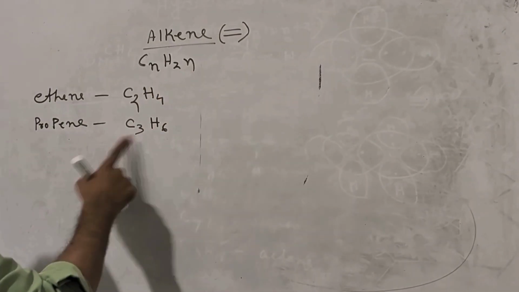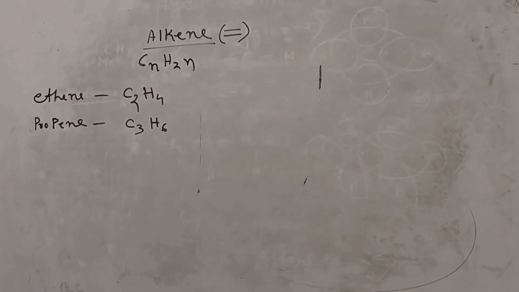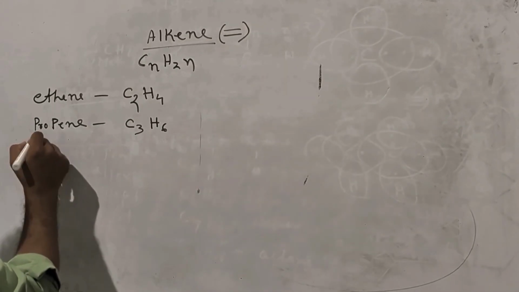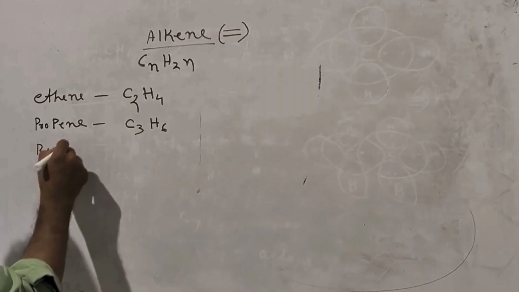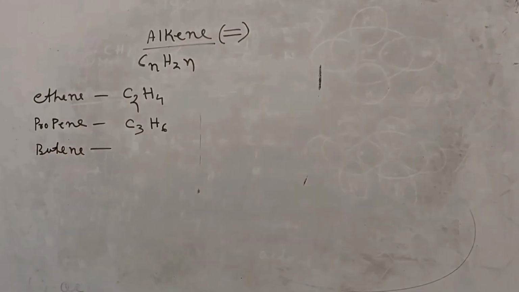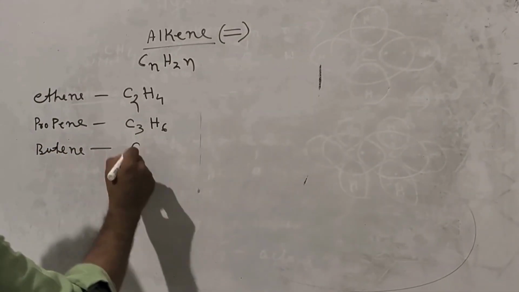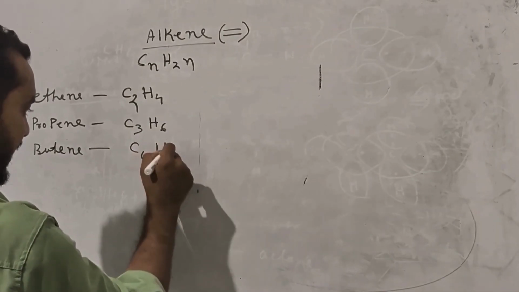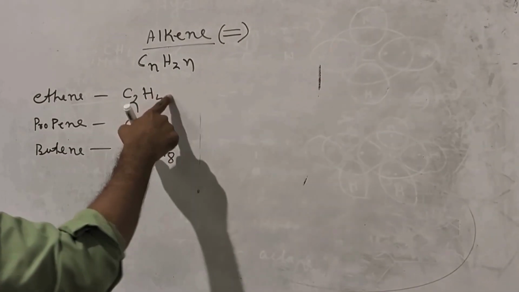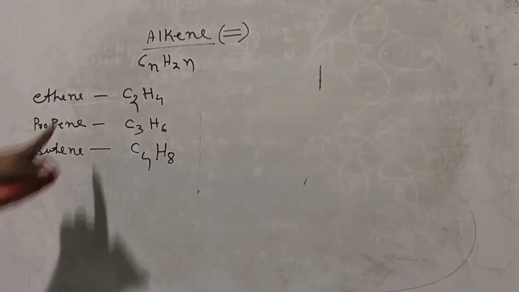So C3H6. The next member will be butene. So C4, and hydrogen will be double the carbon, that means H8.